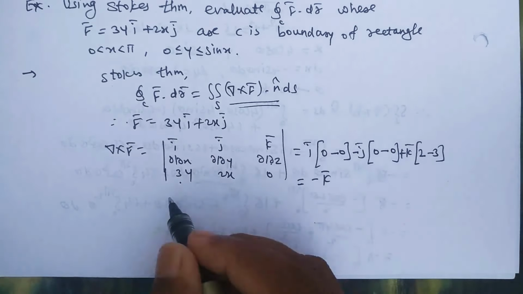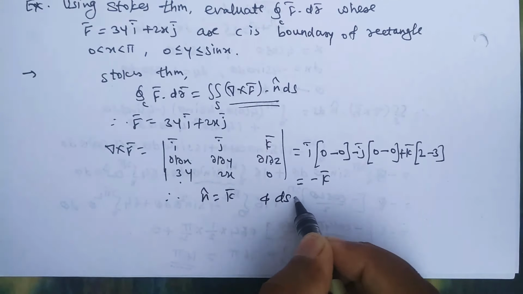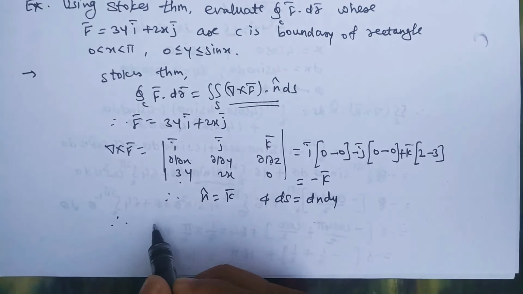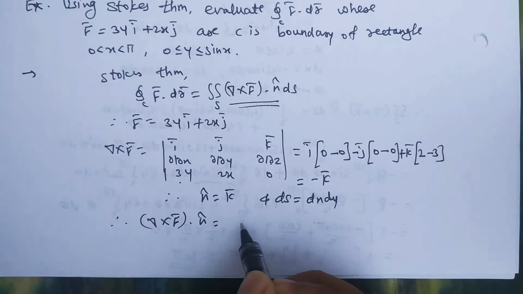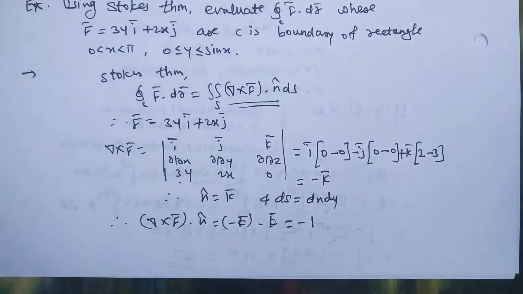And since the surface is in the xy plane, therefore n cap is equal to k bar and dS is equal to dx into dy. Therefore the value of del cross F bar dot n cap is equal to minus k bar dot k bar, that is equal to minus 1.